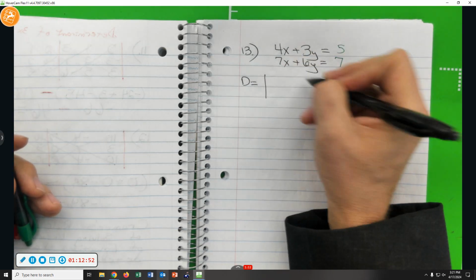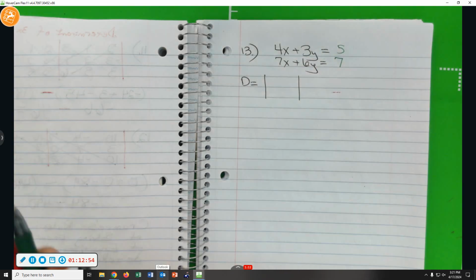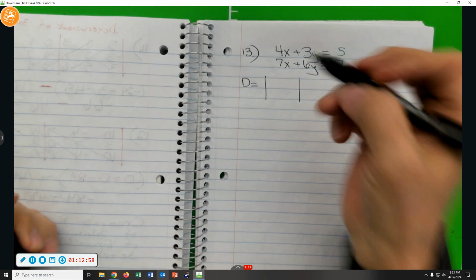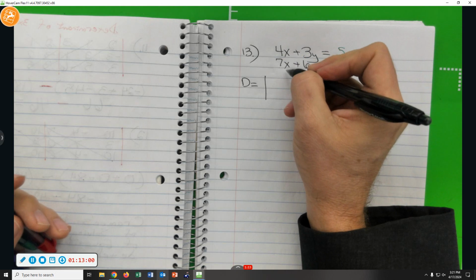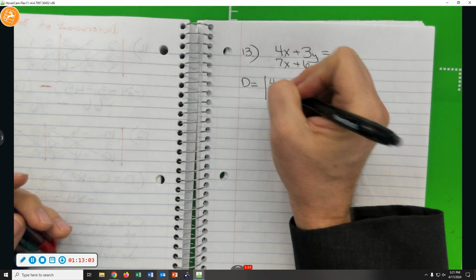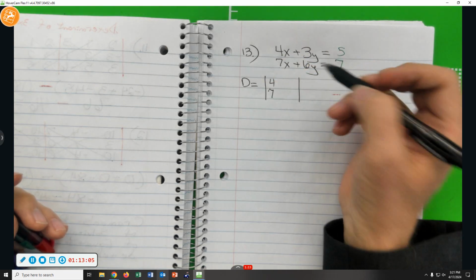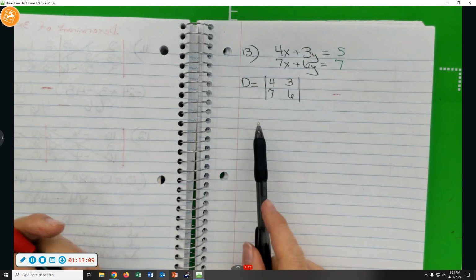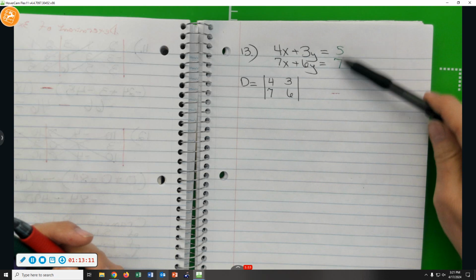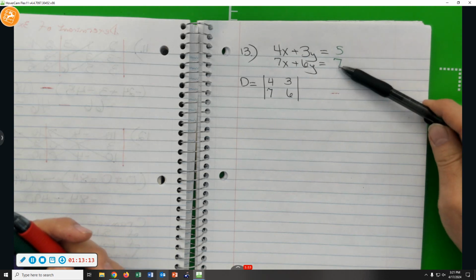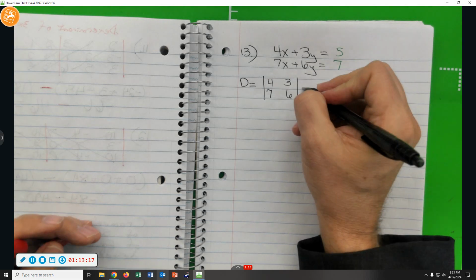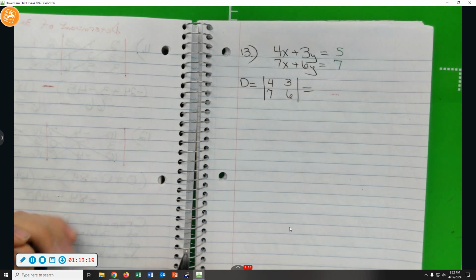He just loved working with numbers, and he discovered a pattern that I don't know if anyone would have ever discovered. The coefficients for x are 4 and 7. The coefficients for y are 3 and 6. Now that's a square matrix. He's ignoring the column of constants. It's a 2 by 2 determinant. Doesn't get any easier than that.